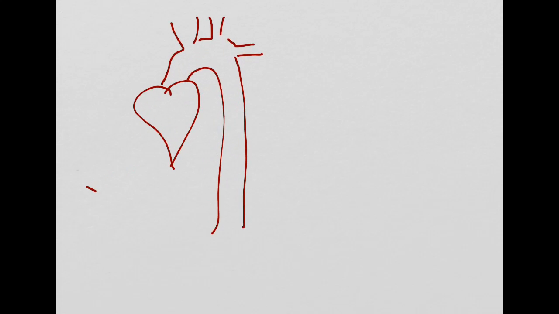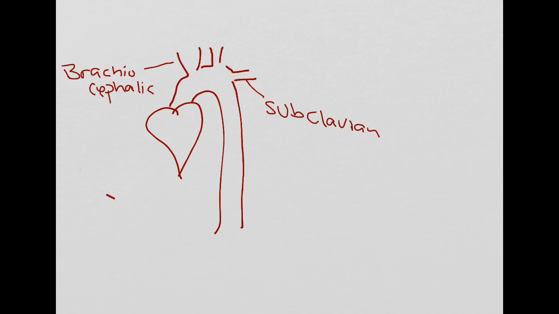And I'm going to make this a little bit bigger. Perfect. We have got a brachiocephalic trunk or artery. We have got a subclavian, and we have got a common carotid.